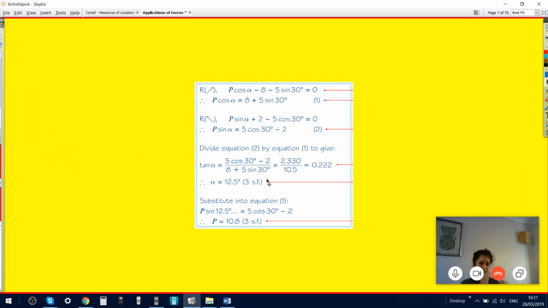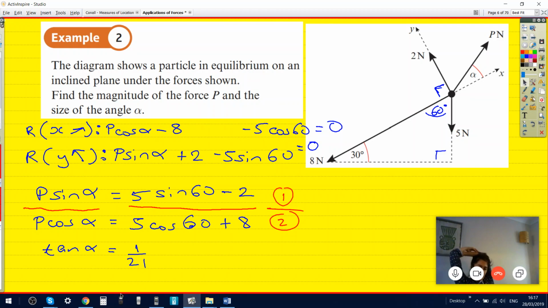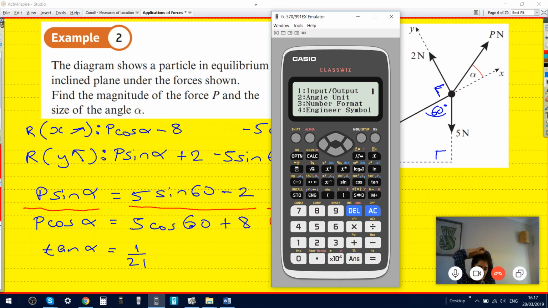Your answer? They got 0.222, and then they did inverse tan and got 12.5 degrees. Is that what you got? Yeah. Okay.